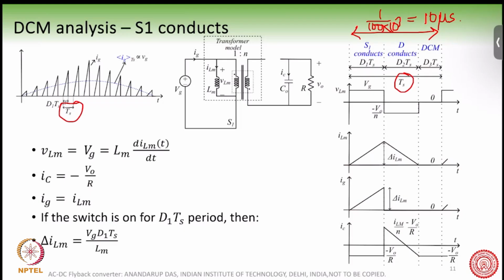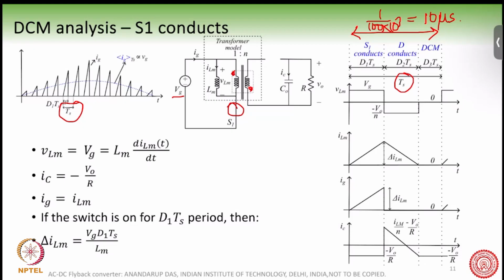Now here, what happens? Kindly recall how the converter works. The converter works with the fact that the switch S1 turns on, and then the input voltage VG comes across this dot terminal. So keep the dot terminals in mind.